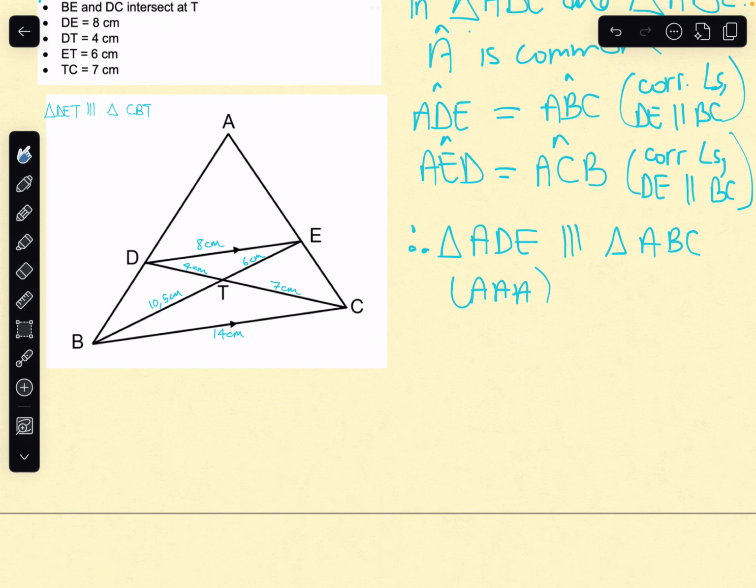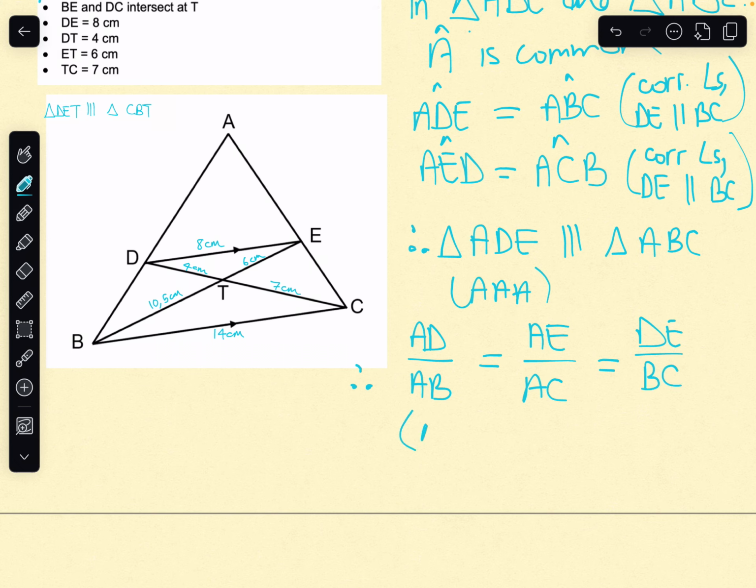And so this tells us that AD over AB is equal to AE over AC is equal to DE over BC. And I forgot to write this for the previous question, but I don't know if you have to write the reason even though you're literally stating it right after you prove the similarity.